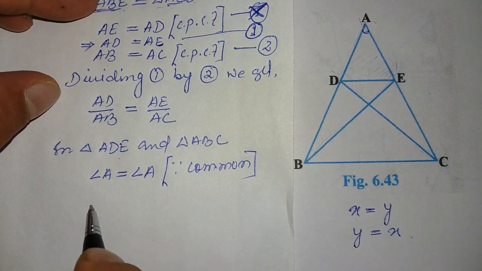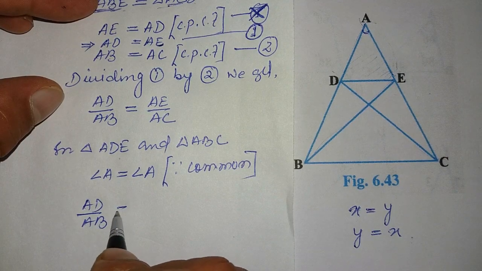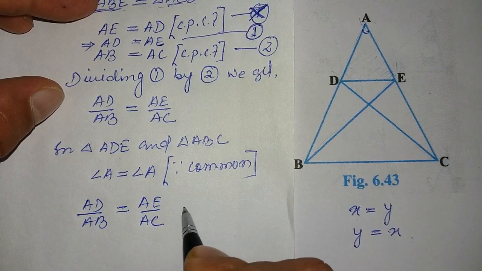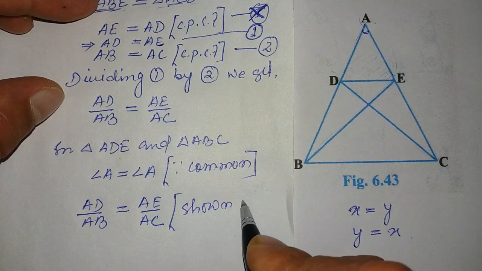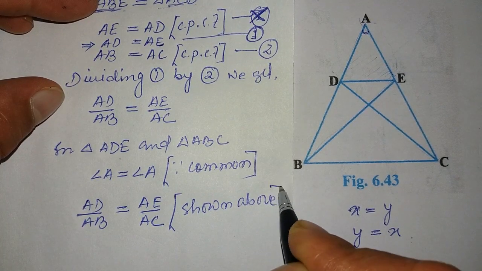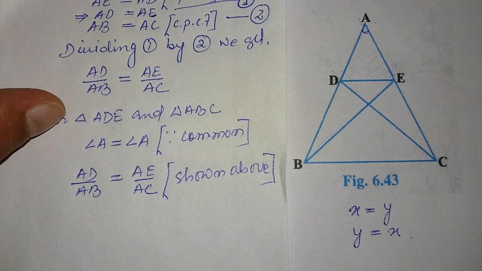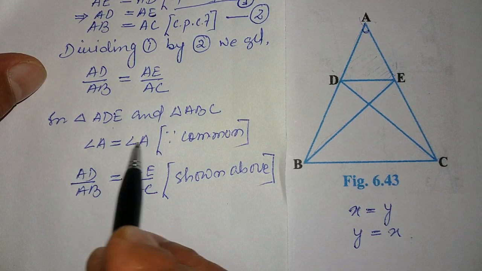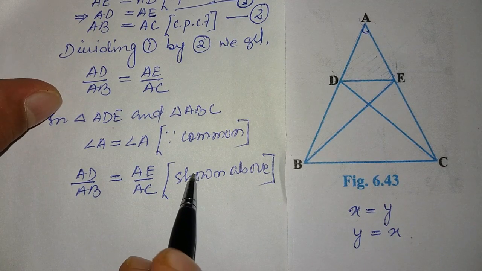And also AD by AB is equal to AE by AC, as shown above. So now the ratios of two sides of these two triangles are equal, and the included angles are equal. Therefore by SAS similarity, these two triangles are similar.